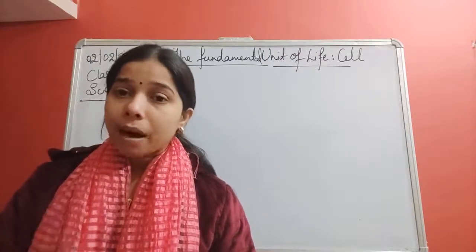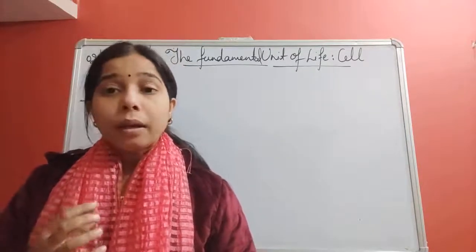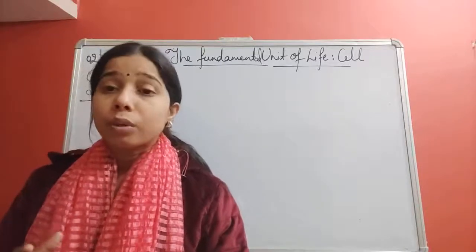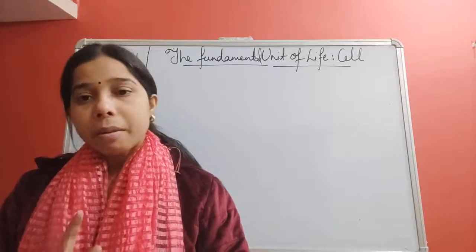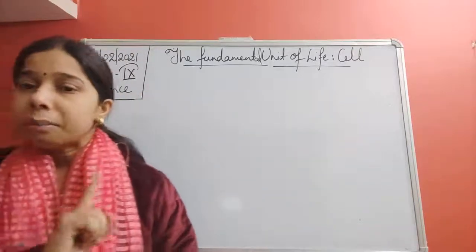So this is how we provide a medium to the particles so that they can move from one end to the other end of the plasma membrane. This is the first one, the mediated transport.